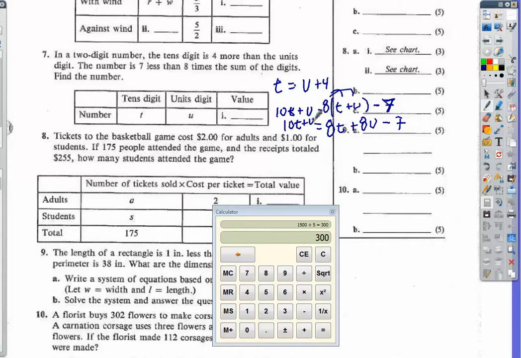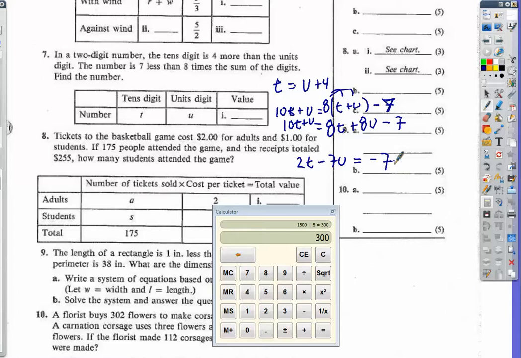So let's go ahead and subtract out the 8t and 8u. So I end up with 2t, because I'm subtracting 8t from both sides, minus 7u, because I subtract 8u from both sides, is equal to negative 7. All right, so then I know t is equal to u plus 4.